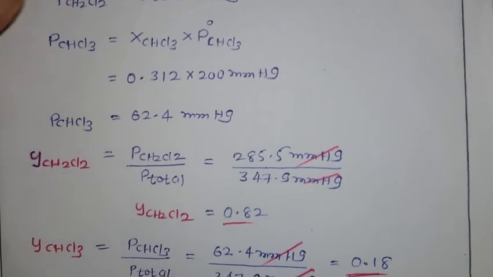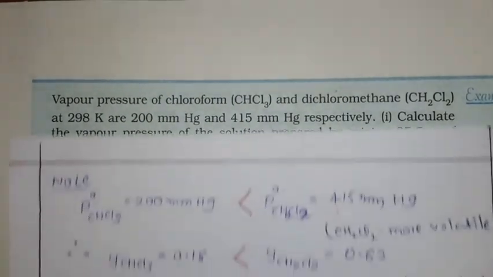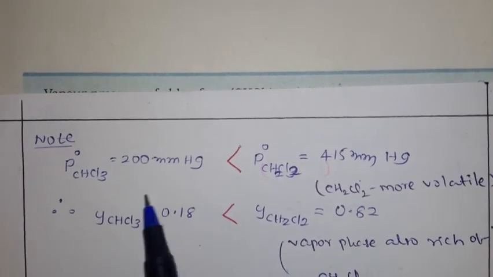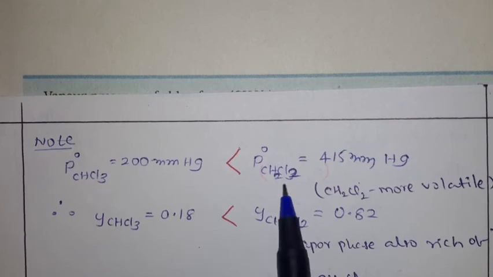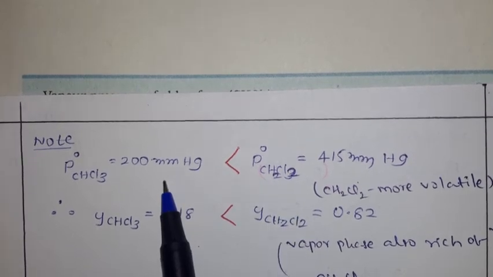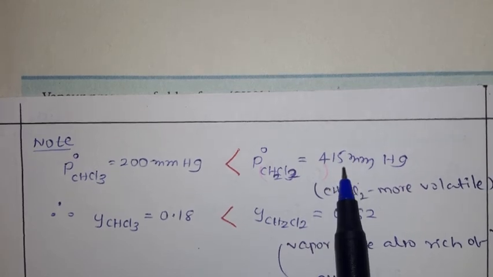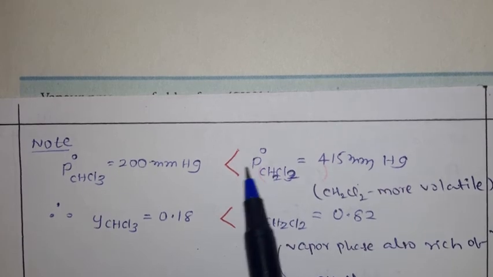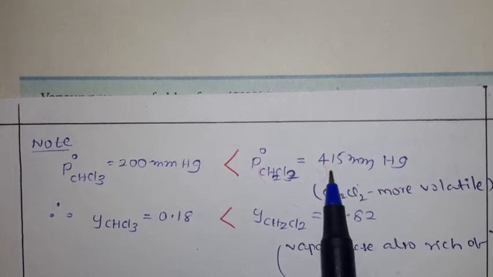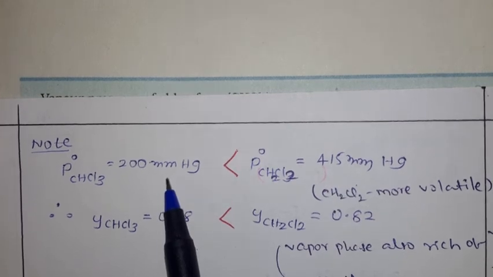Okay. So from this data I can tell you one note here, even without the data. In the data we have chloroform and dichloromethane. If you see the pressure, for chloroform how much is given? 200 mm of Hg. For dichloromethane how much do we have? 415 mm of Hg. So this is more volatile, this is less volatile. Why? Because here we are going to get more vapor, so more vapor pressure. Here we have less vapor, so less vapor pressure.